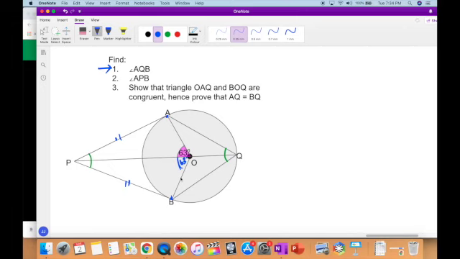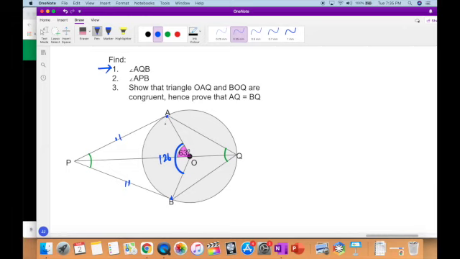Is that the reasoning that you used? No, you see, you have to make sure you have a reason, because you can't just jump and assume that this is 63. You can't do that. You have to make sure you know why. Because this is a radius here, and this is a radius here, so both of them will be equal, and they'll form an isosceles triangle, which means that this line is bisecting it.